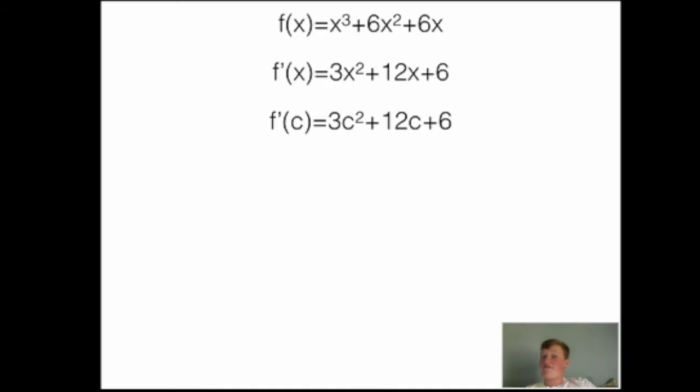And now that we have our f prime of c, we can set that equal to our mean value theorem equation. But first, we need to recognize that our interval is from -6 to 0, so we'll make a -6 and b 0. When we do that, we have our basic f prime of c, 3c squared plus 12c plus 6. We're going to set that equal to f of b minus f of a all over b minus a.